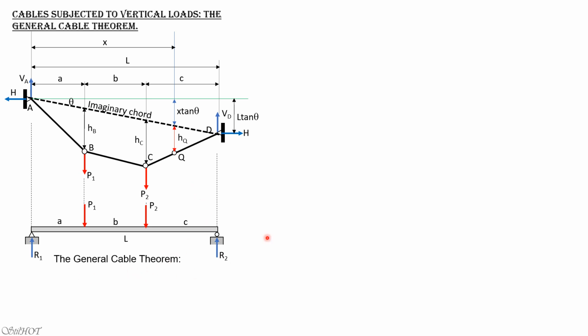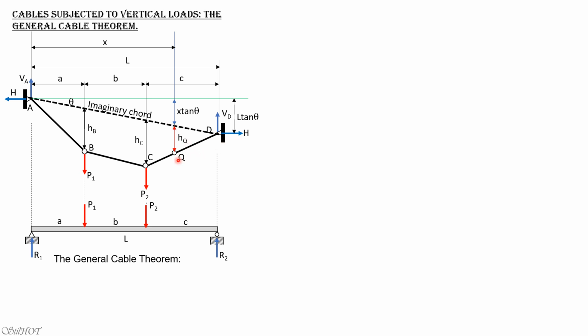So this is the general cable theorem which we are about to prove or to verify. That is, the product of the horizontal component of tension and the vertical distance of any point on the cable to the imaginary chord.